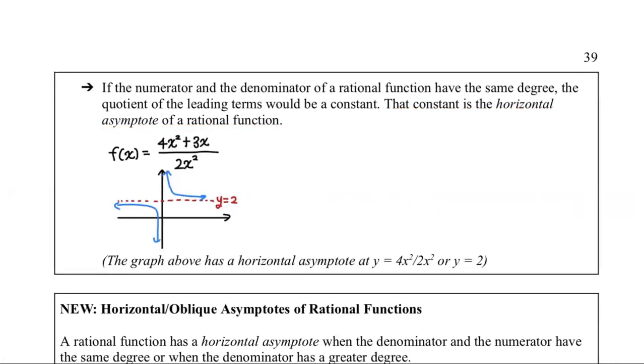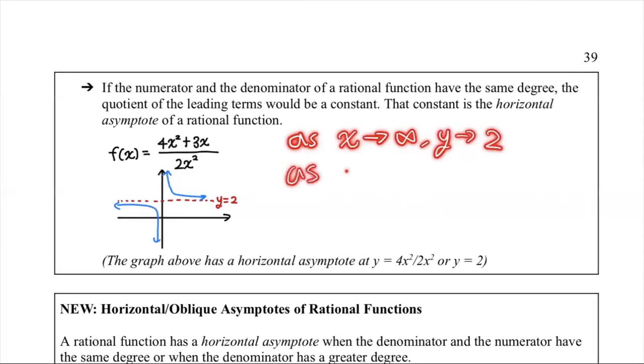As you can see from this example, the graph above has a horizontal asymptote at y equals 2 because the leading terms' degrees in both the denominator and the numerator are the same. In that case, we can represent the end behavior as x approaches infinity, y approaches 2, and as x approaches negative infinity, y approaches 2.